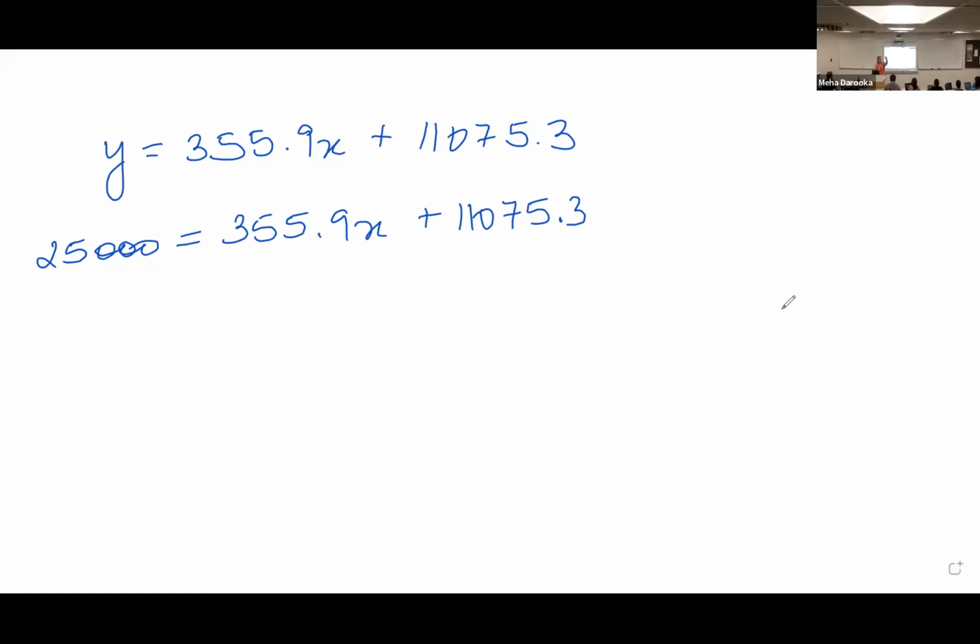All right, so can you walk me through your math? I just subtracted 11,075.3 from both sides, and then just divided that. Very good. Yeah, so start by subtracting the 11,075.3.